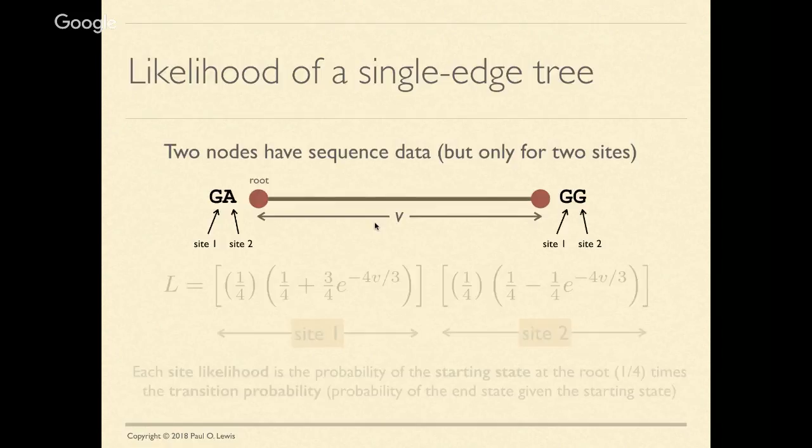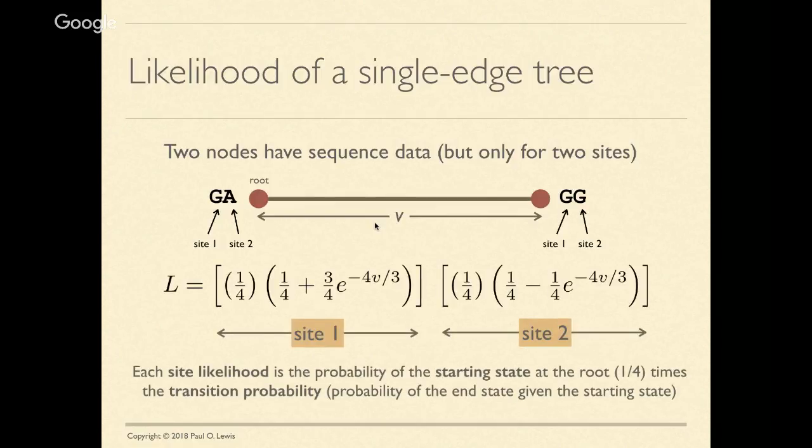The likelihood calculated using the data for site 1 is the probability of starting with a G at the left or at the root node, that's 1/4, times the conditional probability, this term here, of seeing a G at the right end, given that we started with a G at the left end.